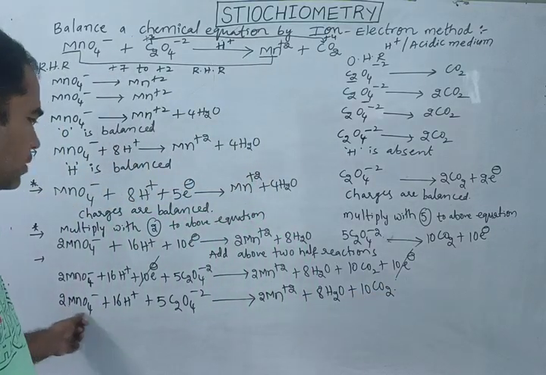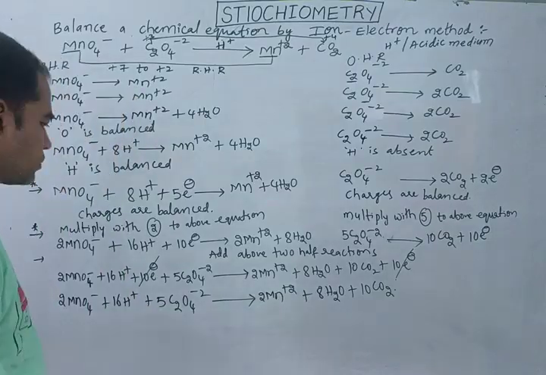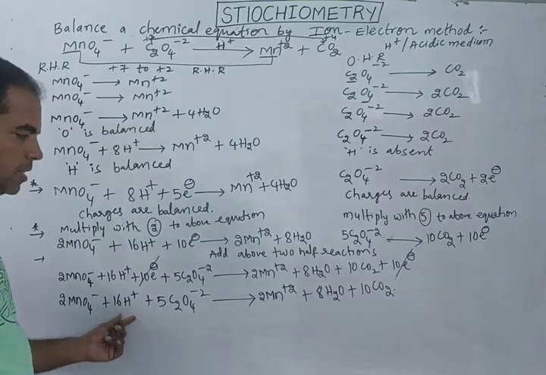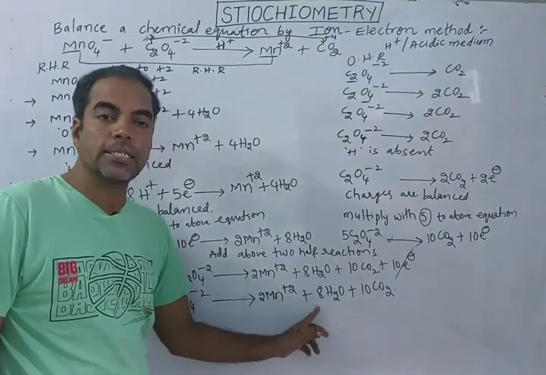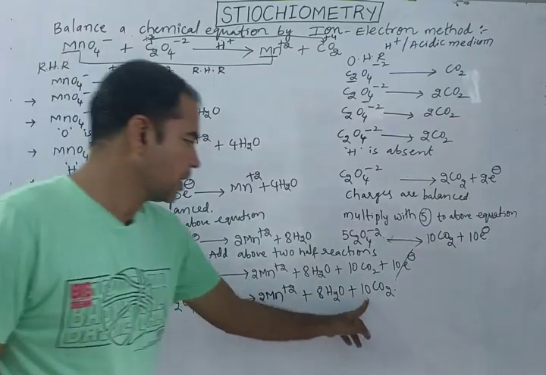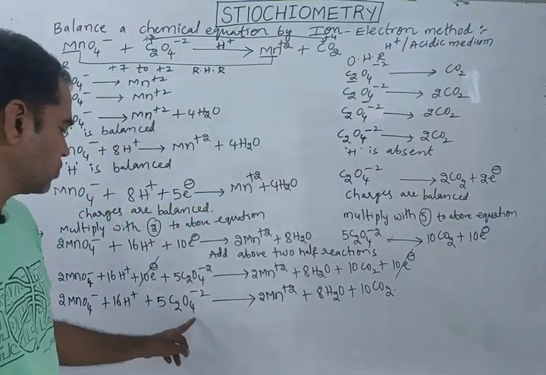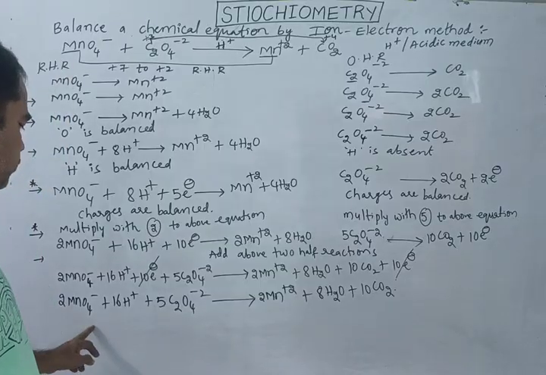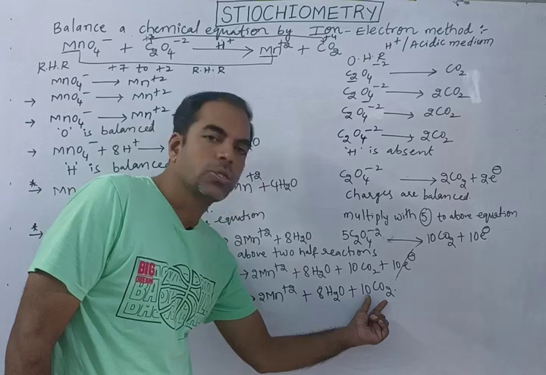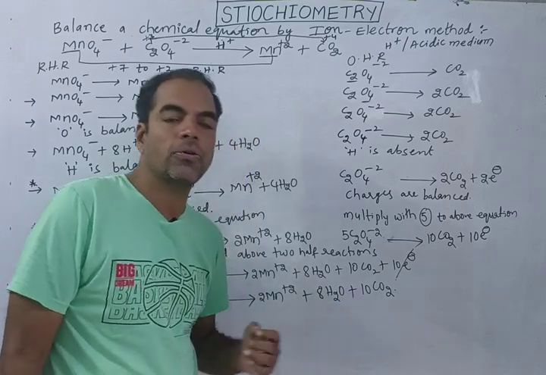Observe here, 2 Mn, 2 Mn. 16H plus means 8 twos, 16 hydrogens. 5 twos are 10, 10 carbons. 5 fours are 20, and 2 fours are 8, so 28 oxygens. Here 8 oxygens, 10 twos are 20, 20 plus 8, 28 oxygens.